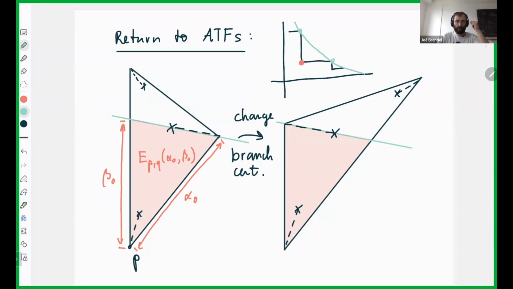It's the furthest removed from the volume constraint. And what this means is that this ellipsoid here of parameters alpha 0, beta 0 is in the rectangle of this base diagram, and it's in the rectangle of the adjacent base diagram.